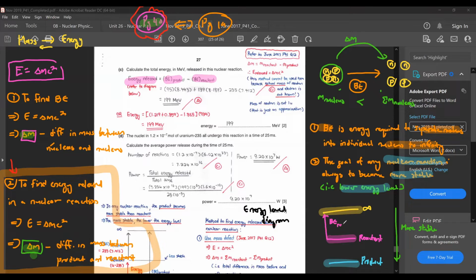Likewise, if I'm talking about the binding energy of my products, it will be this one. I should draw it outside.